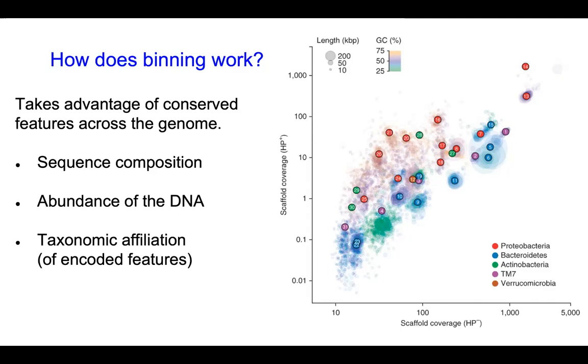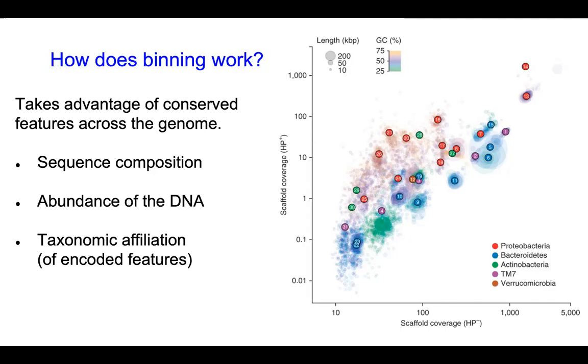The axes represent the abundance of each scaffold in each sample. So you can see that clusters with similar GC content and with similar abundance form fairly readily.